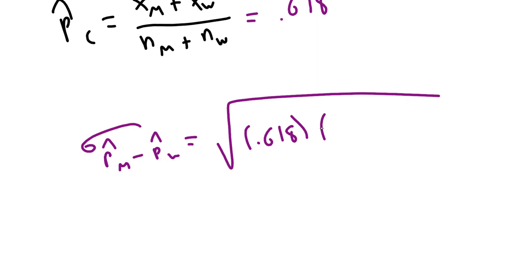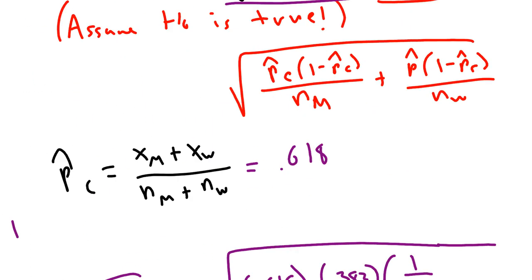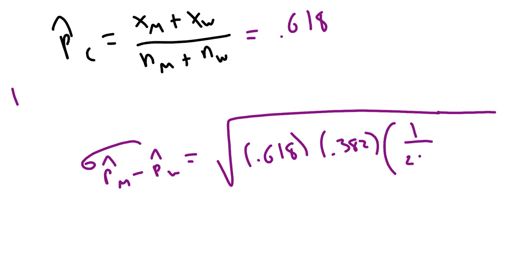So 1 minus 0.618 will give you 0.382, over 1 over the number of men in the sample, which if we go back to the question, there was 213 men. And while we're looking at it, there was 208 women. So we need those numbers. So we'll keep that in mind so we don't lose track of it. So this will be 1 over 213 plus 1 over 208.